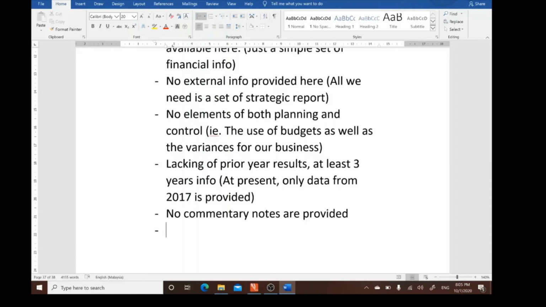Despite the fact that in the question they say this is not required, somehow it should be included. So far these are the design areas that we have to know.